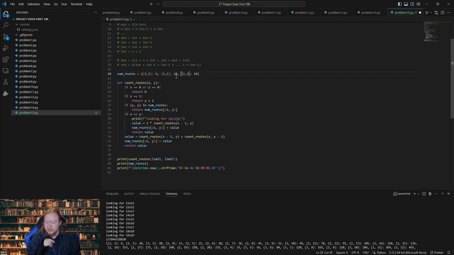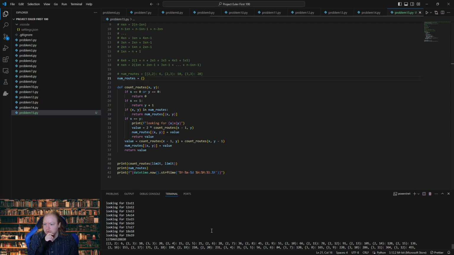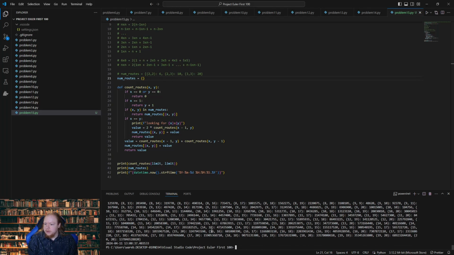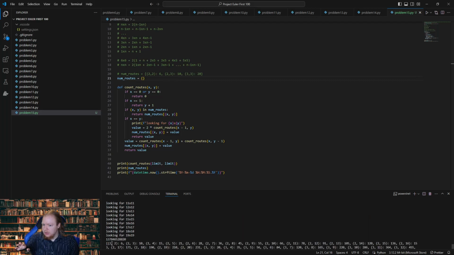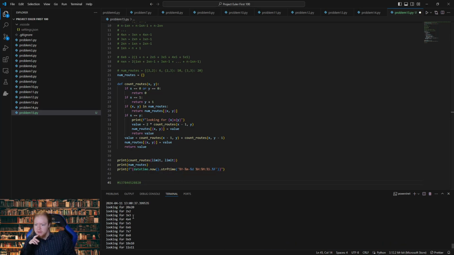Let's real quick just try it without having num routes initialized with anything. I think that will cause some issues. But let's... Okay, it looks like that's the correct... That's the same number. And that time it did go all the way down to 2 by 2.